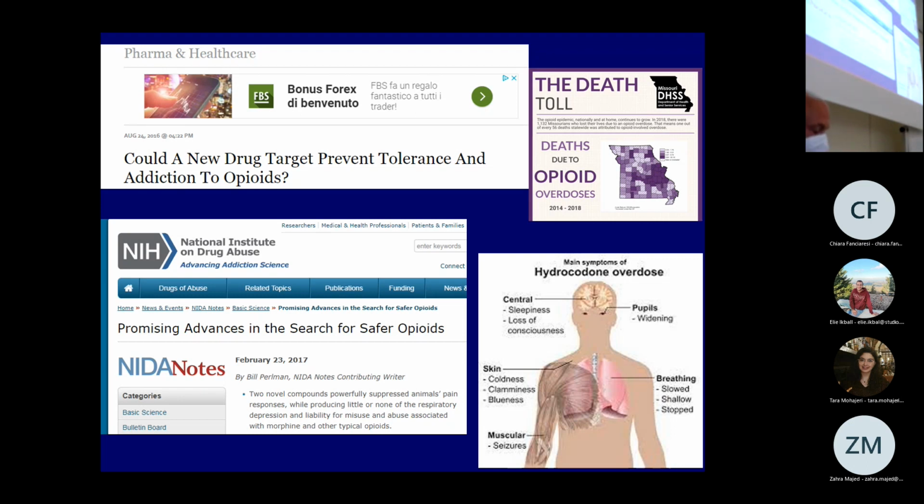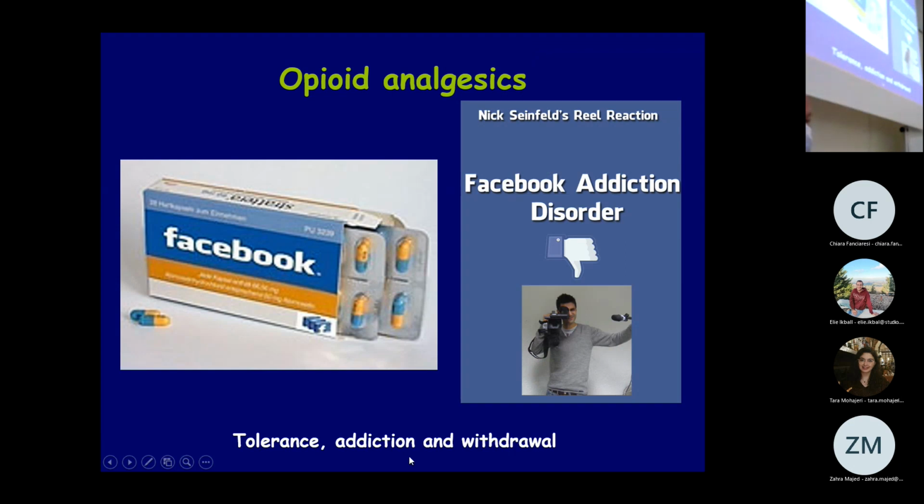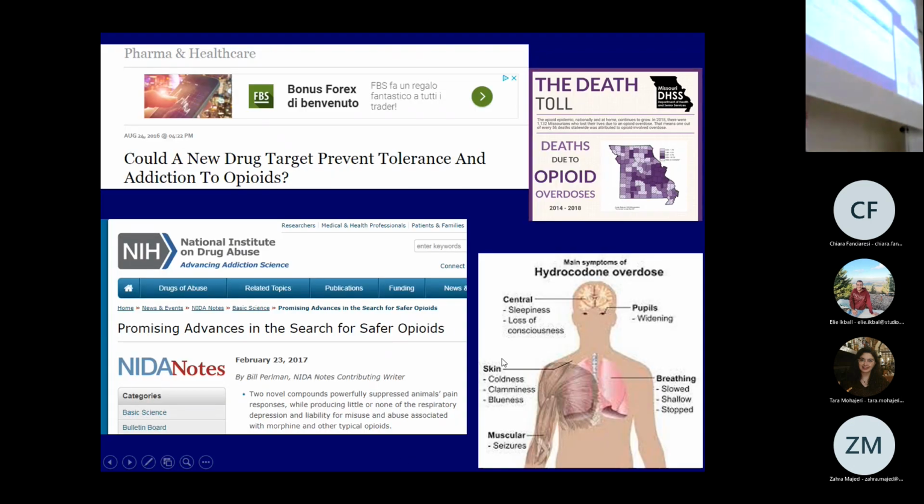So we know exactly the dose, but you have to remember the addiction. When you start with the use of hydrocodone, you have to continue the assumption of this compound for a long time.